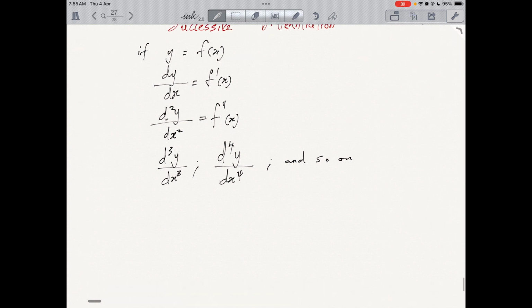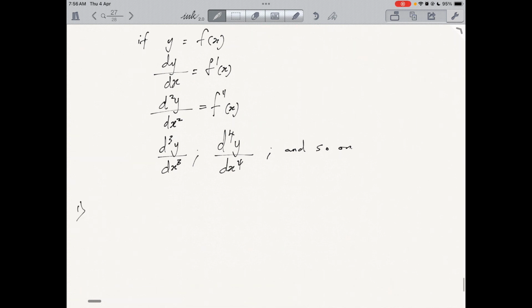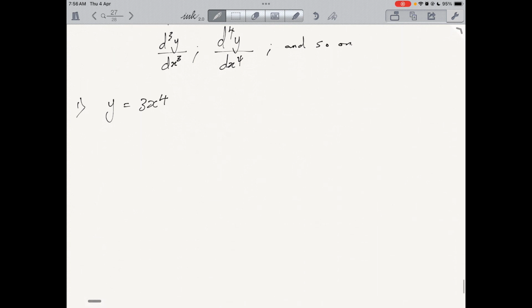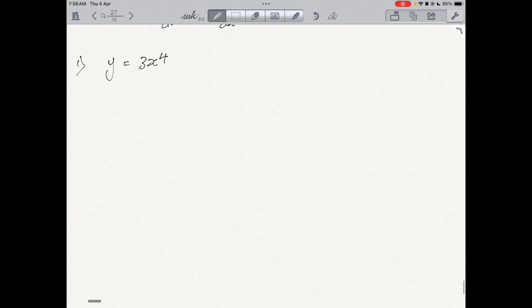Now let's take for instance, we are given that y is equal to 3x raised to power 4. We want to find an expression up to the fifth derivative, d to the power 5 y/dx to the power 5.